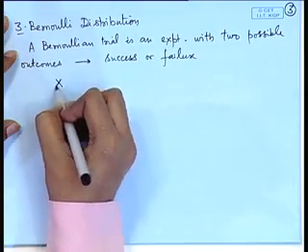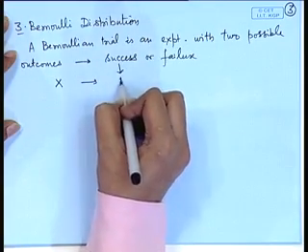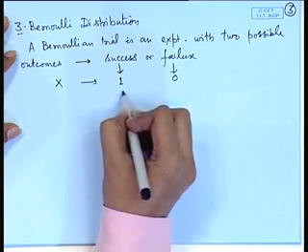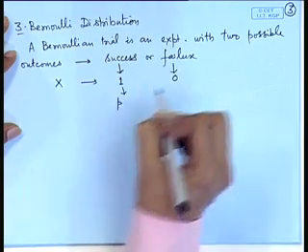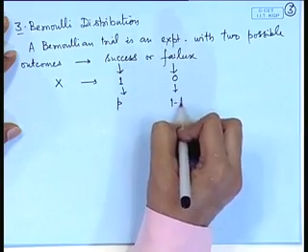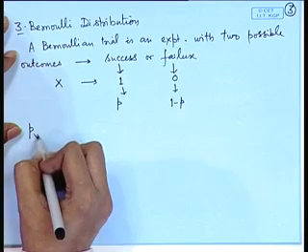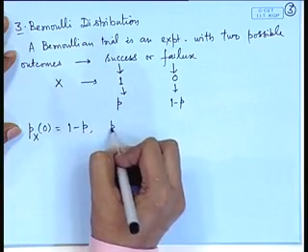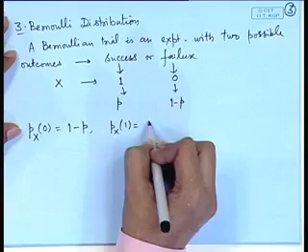The random variable x will associate the value 1 with success and the value 0 with failure, and the probability of success is say p and the probability of failure is say 1 minus p. So, the distribution is described by P(X = 0) is 1 minus p and P(X = 1) is p.